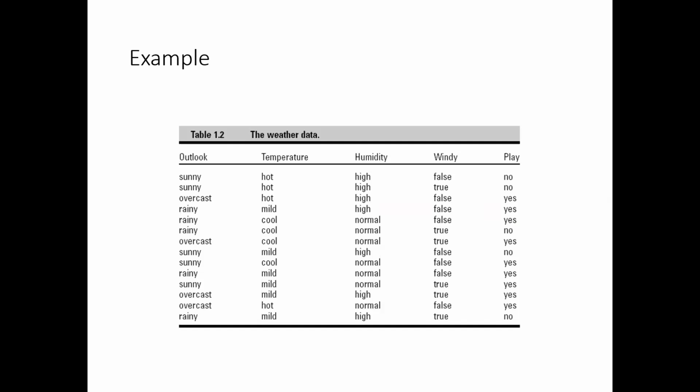What we do in naive Bayes is first calculate the probability values. How do you calculate them? You consider all the instances together with the attribute values and how many times both yes and no appear.